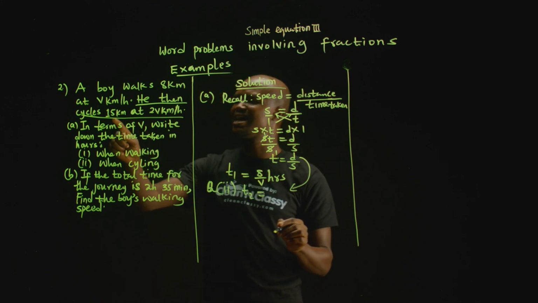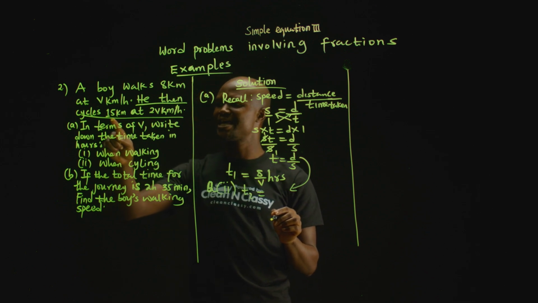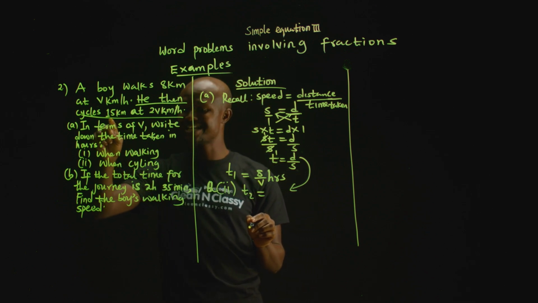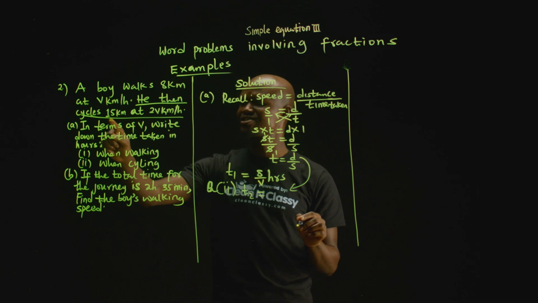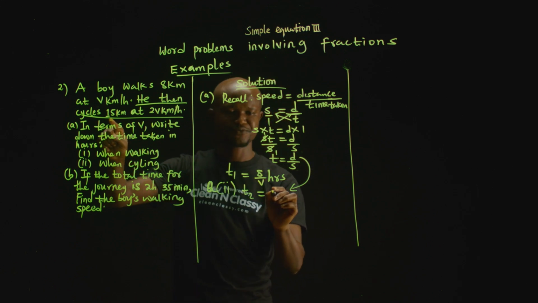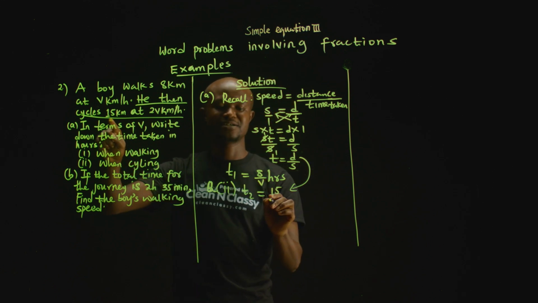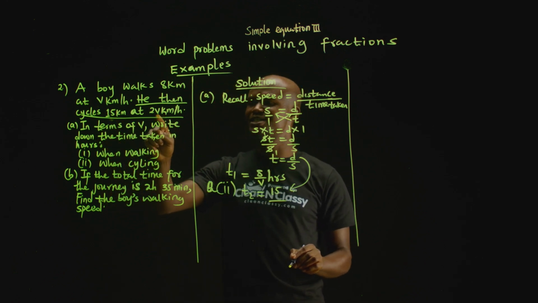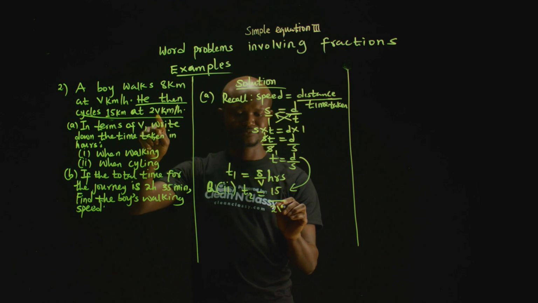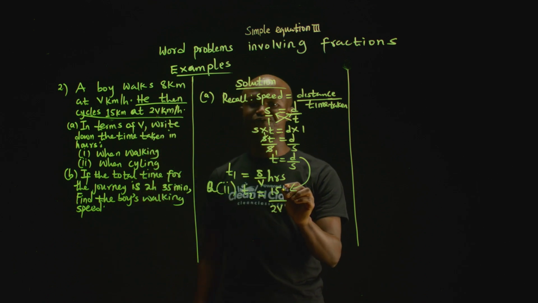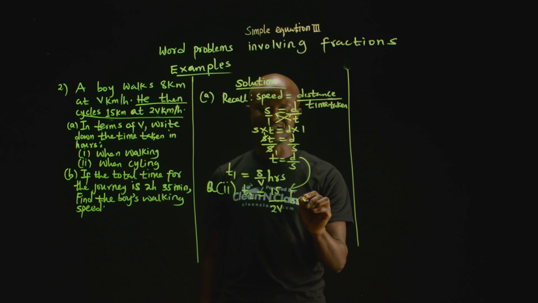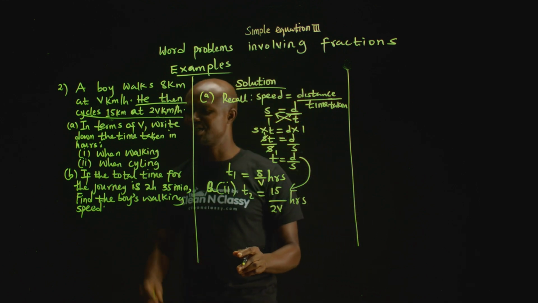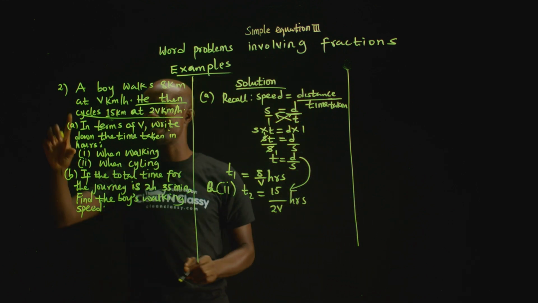What is the distance traveled when cycling? 15 kilometers, divided by the speed. What is the speed here? 2v. So this is 15 divided by 2v hours. That's the solution to the first part of the problem.